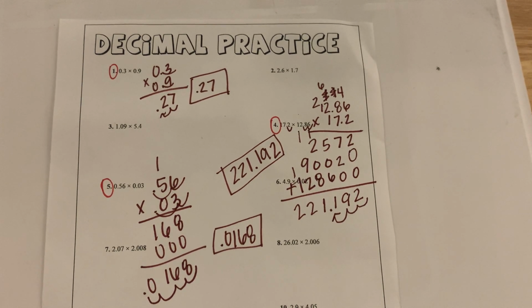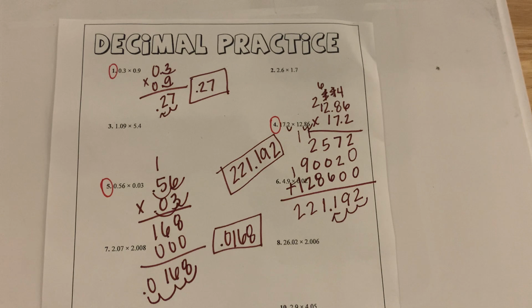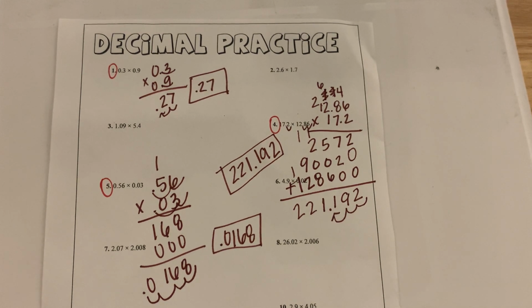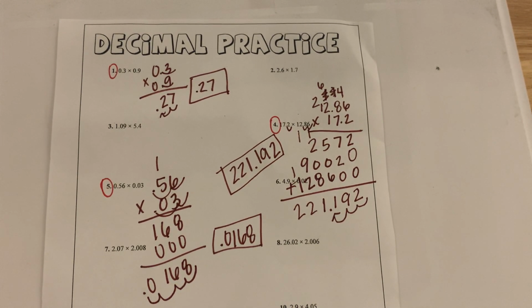Okay, what'd y'all get for number 4? 221.192. Kind of a long one, right? But it's just multiplying like you've always done. The only thing we're doing differently now is counting those decimals. Okay, and then for number 5, did you get .0168? Yes, ma'am. Very good.